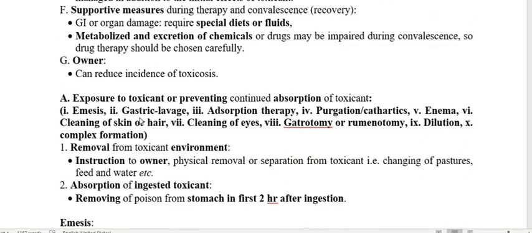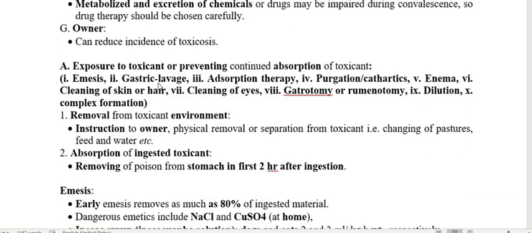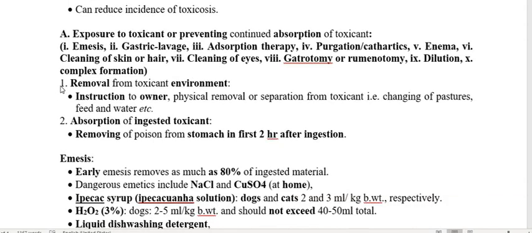So first one is the exposure to toxicant. As I mentioned earlier, if a toxicant reaches the gastrointestinal tract, it is going to start absorbing. The main motto is to check the absorption of the toxicant or poison as fast as possible.